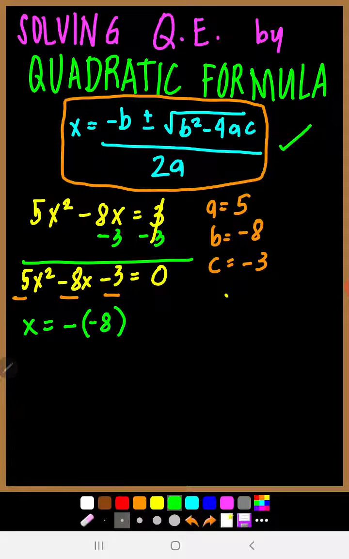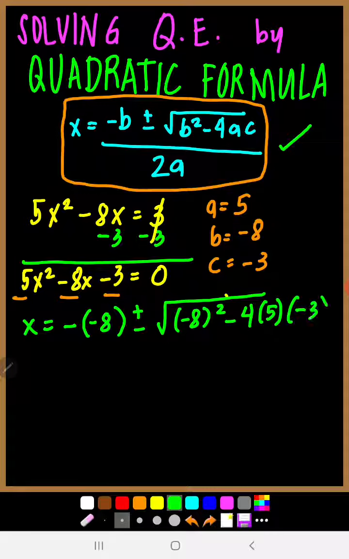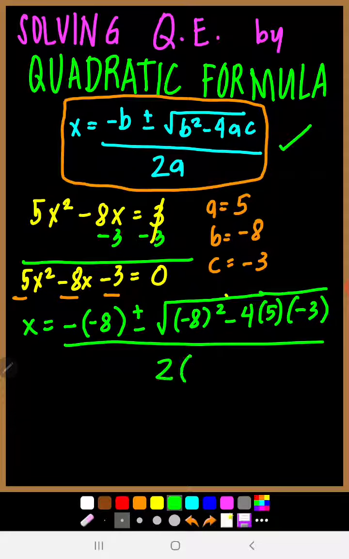Just because there is a negative sign in the formula, you should not omit the negative of the negative 8 of b. Then, plus or minus the square root of b squared, so that is negative 8 squared minus 4 times a, which is 5, and c, which is negative 3, all over 2 times a, which is 5.